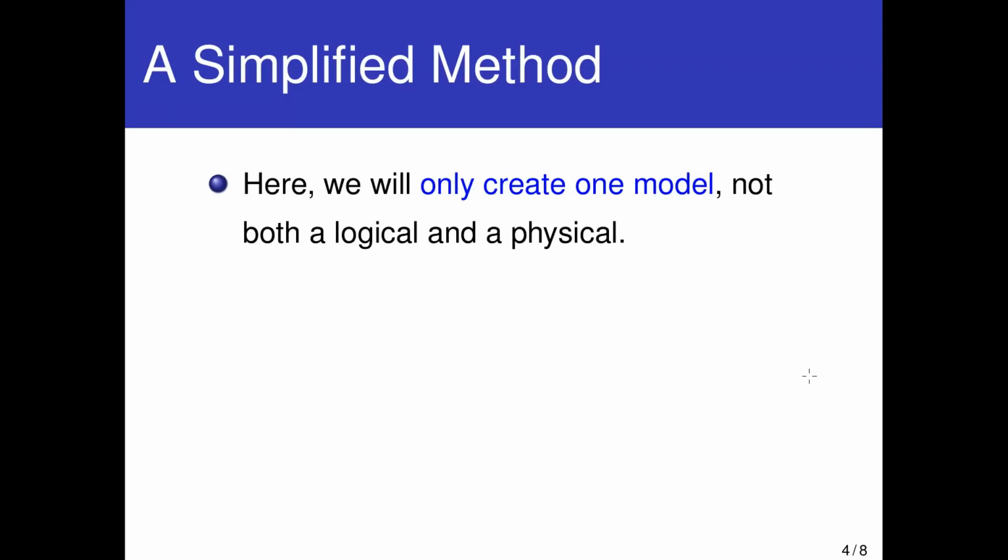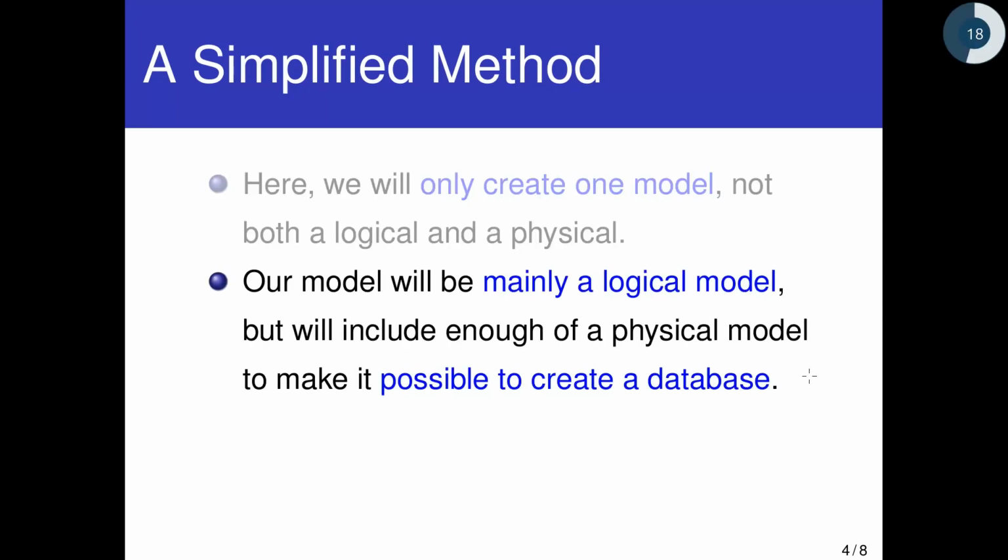But it has features that belong to a physical model, for example, column types and primary keys, because we're creating something that shall be implemented in a database. Okay, so the conclusion is that our only model is mainly a logical model, but it has sufficient physical detail to enable us to actually create the database.